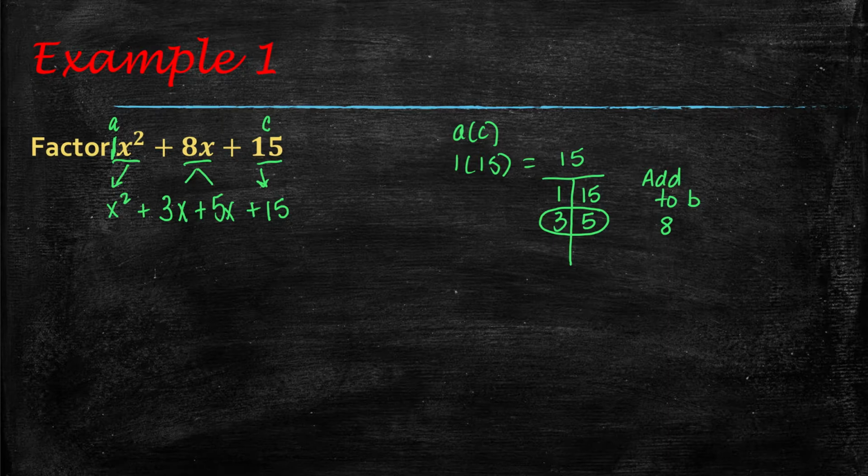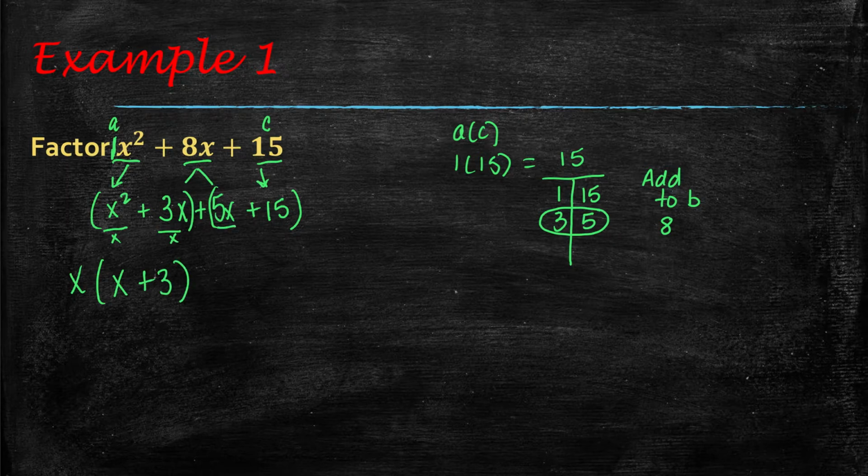And so now we can group our first 2 together and group our last 2 together. And then we're looking for the GCF of each of those groups. Well, in this first group, I can divide both of those terms by an x, so I'm going to pull that to the outside and then divide those by x. So you would have x, and then plus 3.